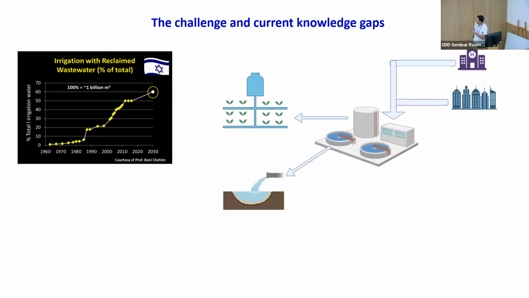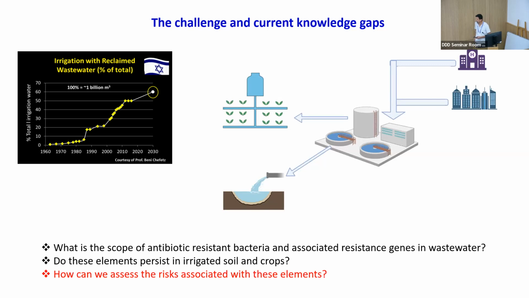Basically, the scenario is that in countries that are less water stressed, you generally see this type of pathway. Here we're looking at this type of pathway. Then there are a number of questions we can ask. What is the scope of antibiotic resistant bacteria and associated resistance genes in wastewater?